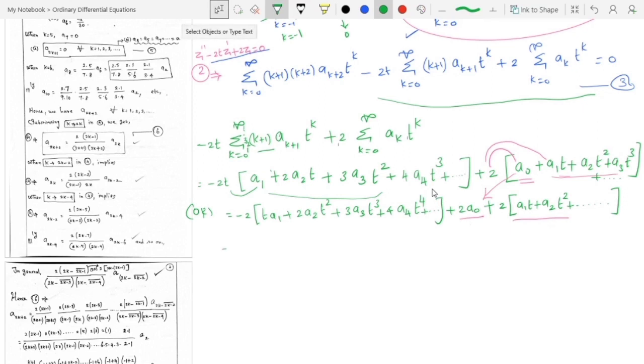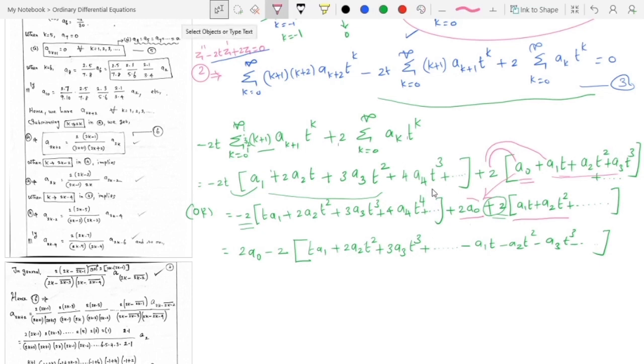So that is equal to the constant term 2a0. Minus 2 is common in both the terms, so take it out as minus 2. Rest of the terms, minus a1 t minus a2 t square minus a3 t cube minus and so on.